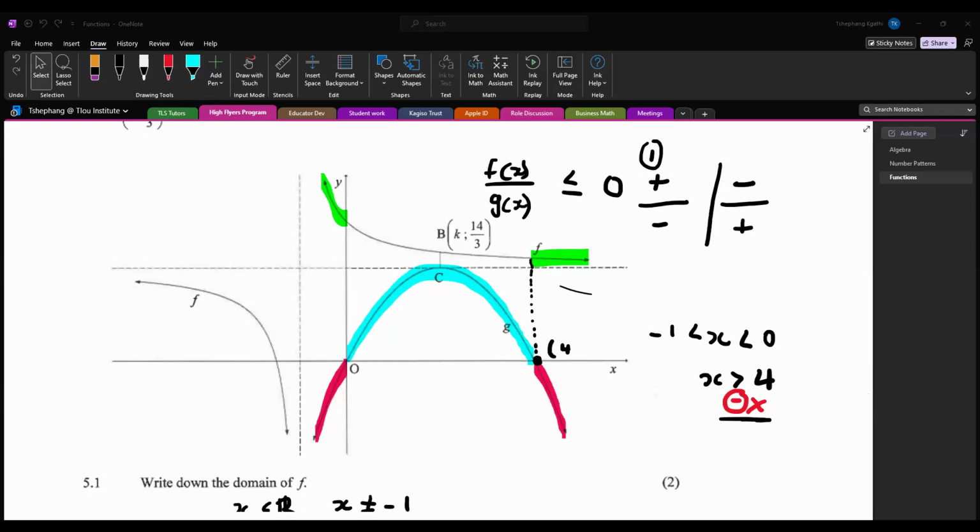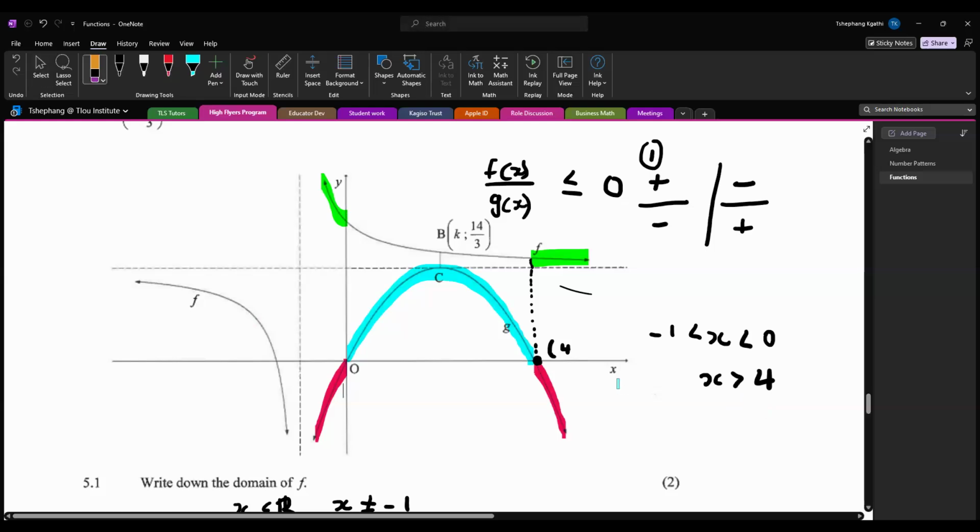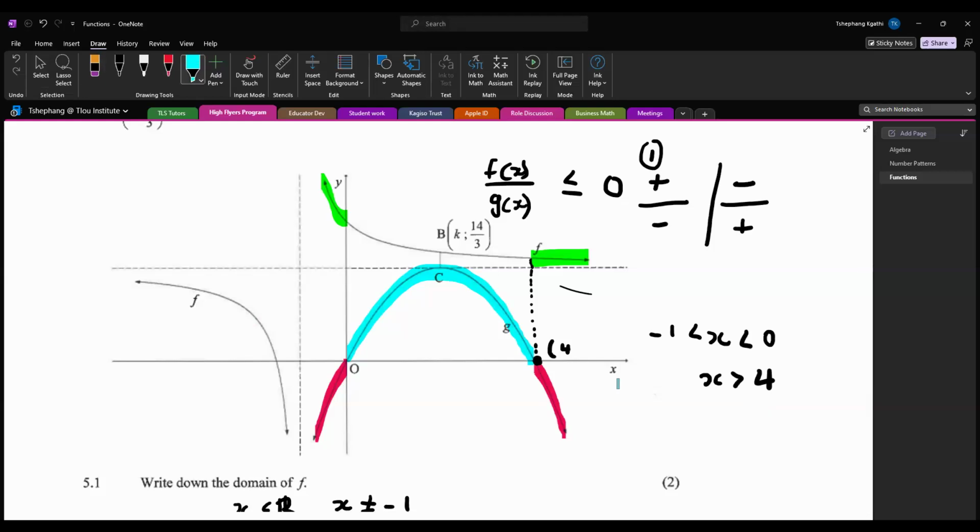I'm just trying to double check that I'm not missing anything. With this part here, that's positive. It's not in that range really. Everything looks fine. Okay, so here are our answers. x must lie between -1 and 0, or x must be greater than 4.